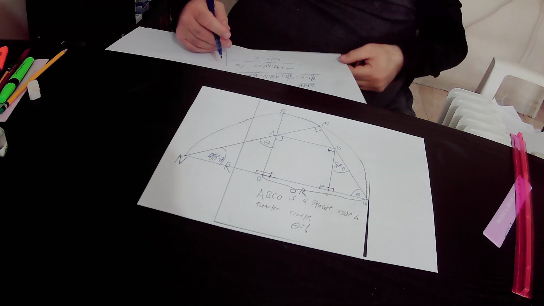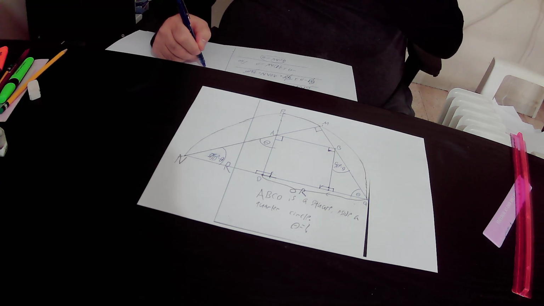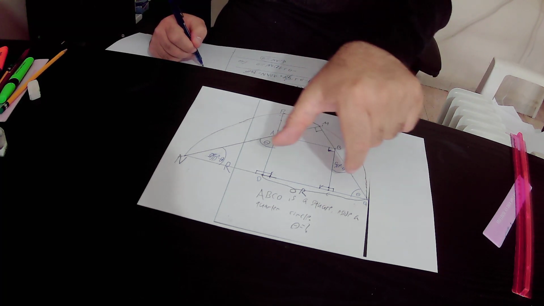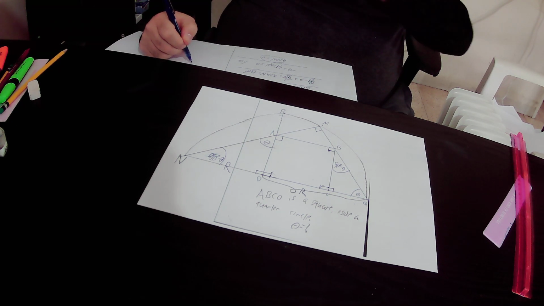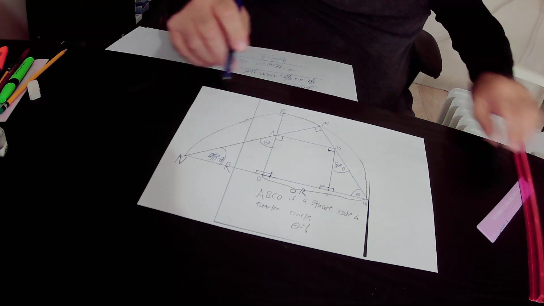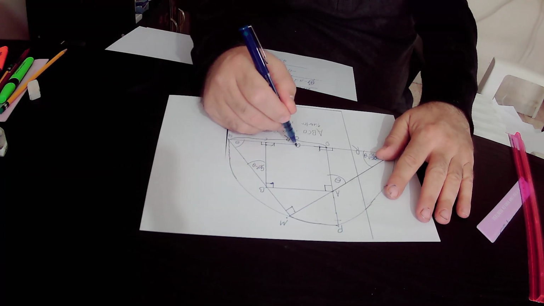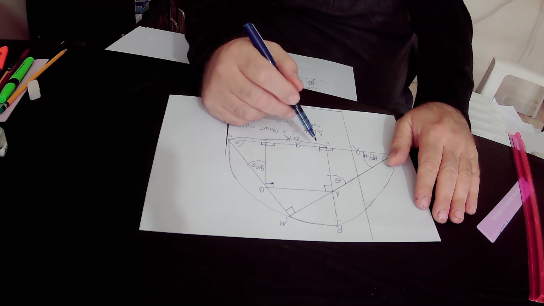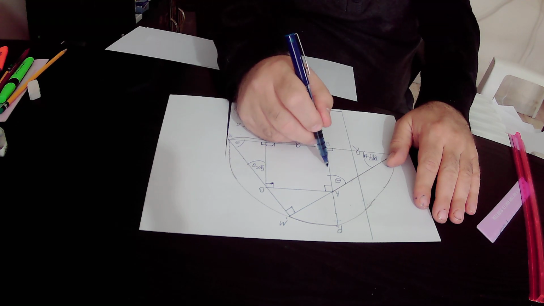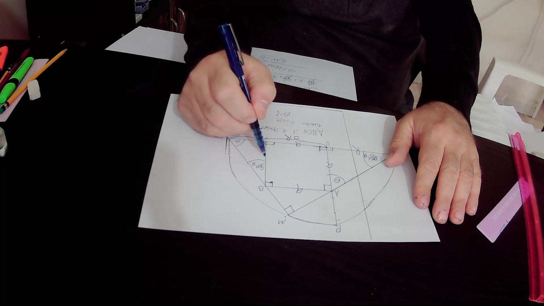We will find out the value of CQ. What is the value of line segment CQ? CQ is equal to OQ minus OC. We define OC as A, and in this square AOBC, all the sides will be equal to A because all the sides in a square are equal to each other.